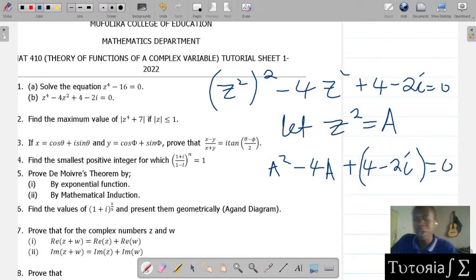You notice that what we have here is a quadratic equation in which the coefficient of A squared is 1. So this is our A.